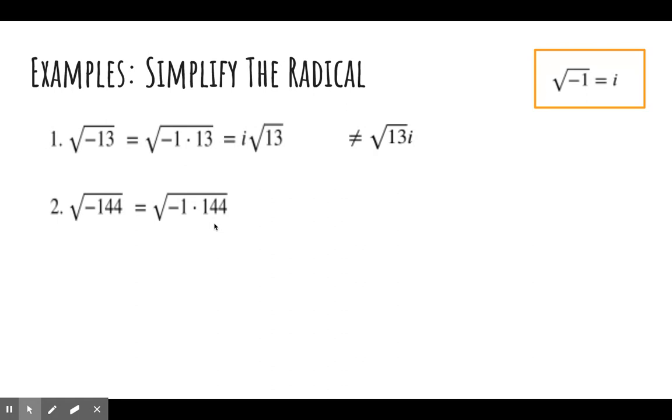You could also do prime factorization to simplify. But because the square root of 144 equals 12, our answer would be 12i. The i does go after the 12, just like with any other variable. You write the coefficient first and then the variable. So our answer here is 12i.